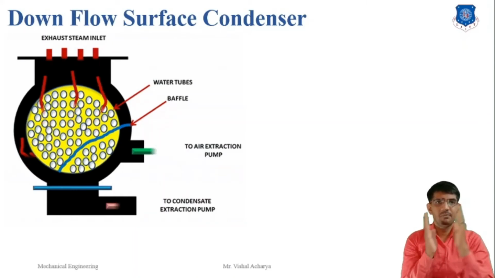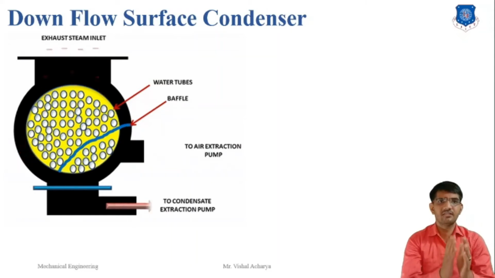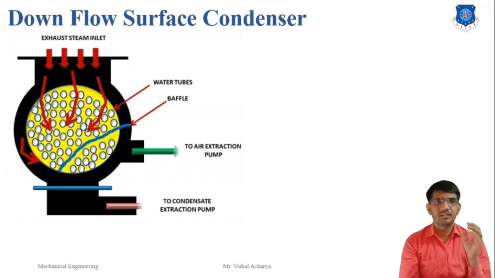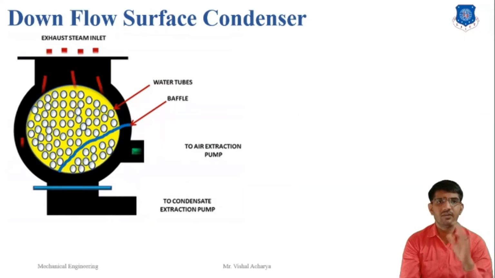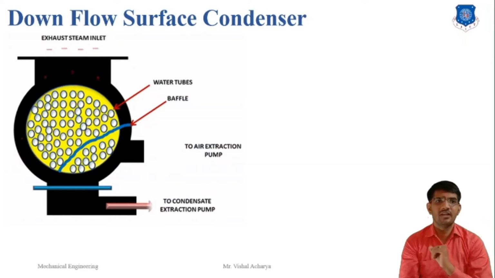The pipe of the dry air extraction pump is provided near the bottom and is covered by a baffle plate to prevent the entry of condensate into it. The steam in the downflow condenser flows perpendicular to the direction of flow of the cooling water, so it is called a cross surface condenser.